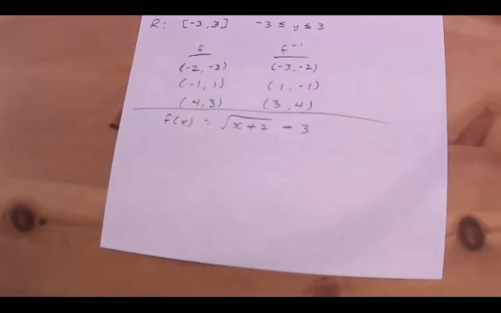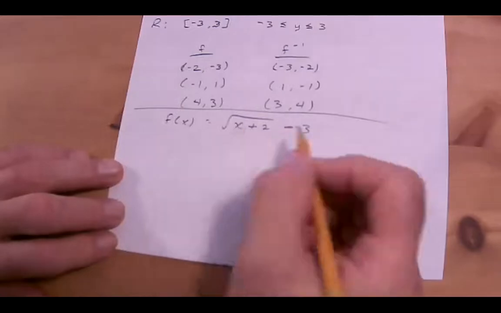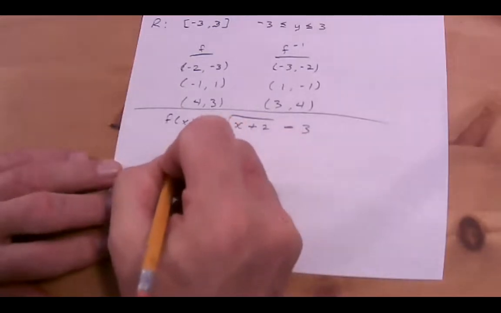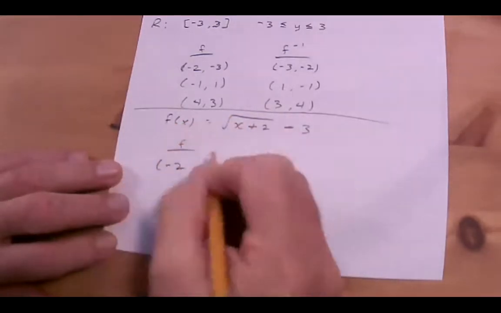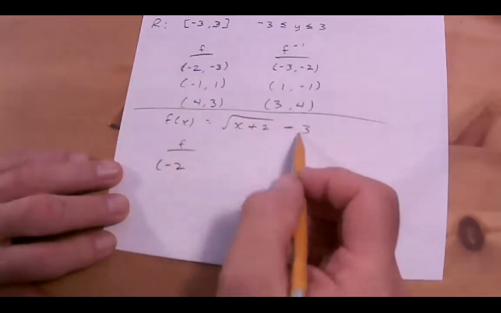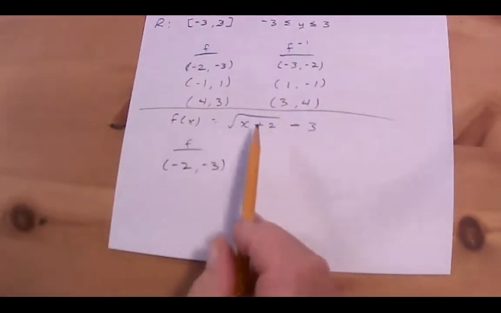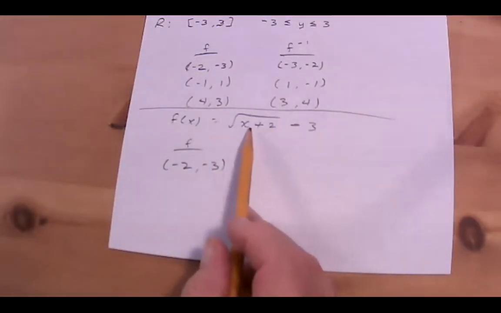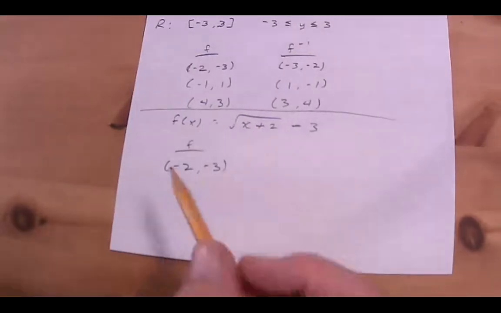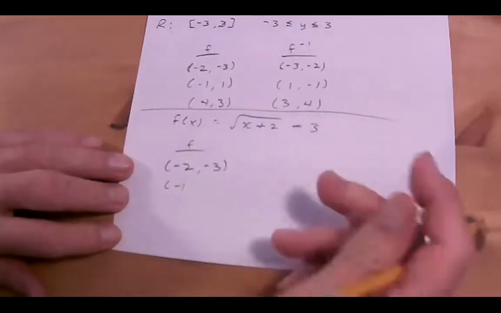You could sketch it like that. I found ordered pairs. So I plugged in -2 for x, and -2 plus 2 is 0, square root of 0, and then minus 3. So I got that as one of my points. I know 1 is a perfect square, so I can get 1 by putting -1 in for x. -1 plus 2 is +1, right?